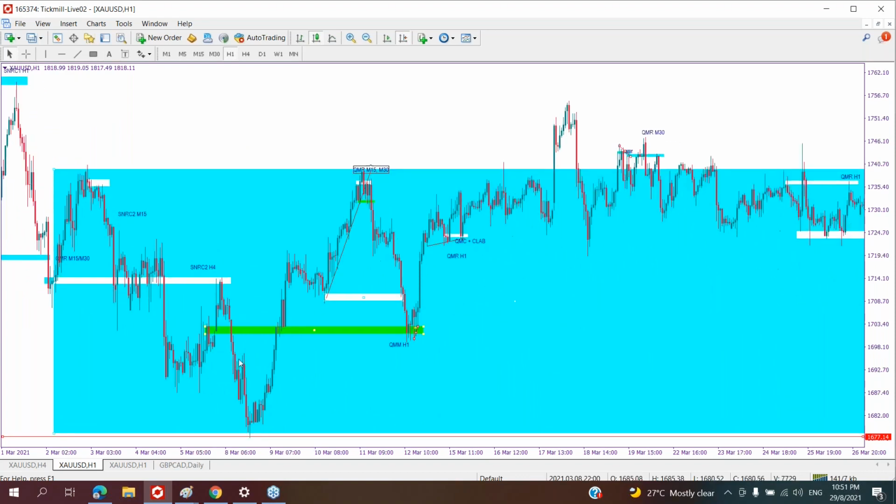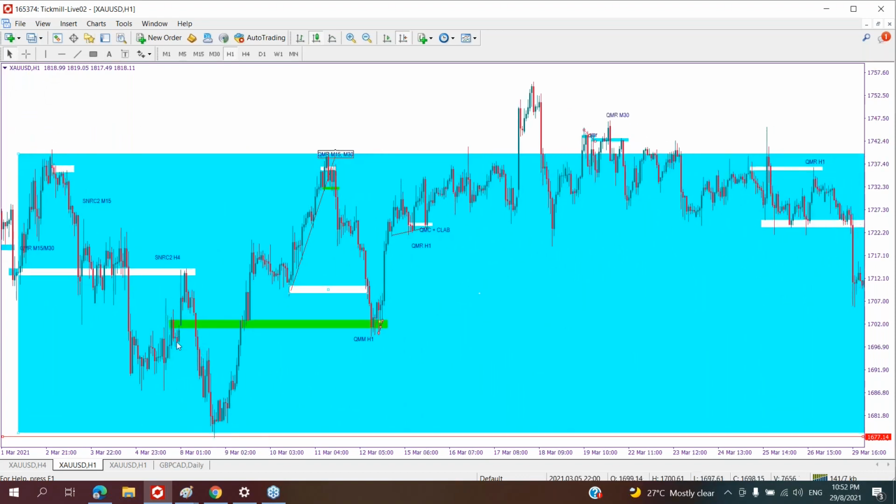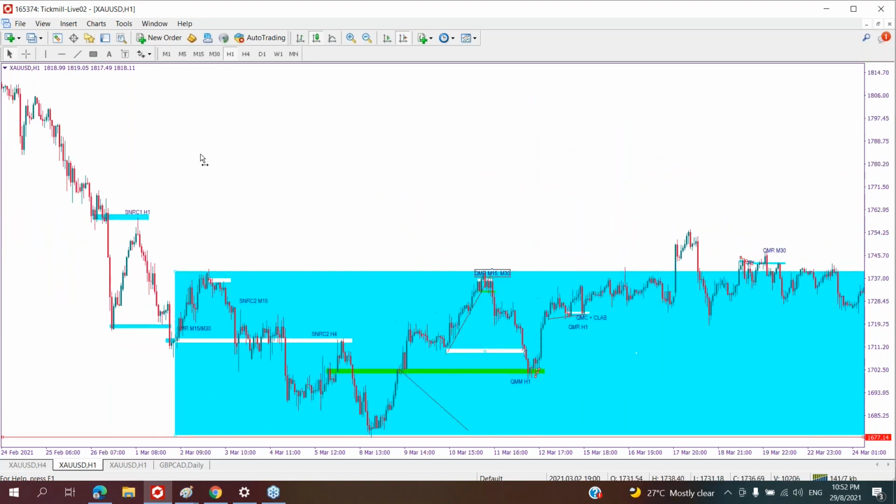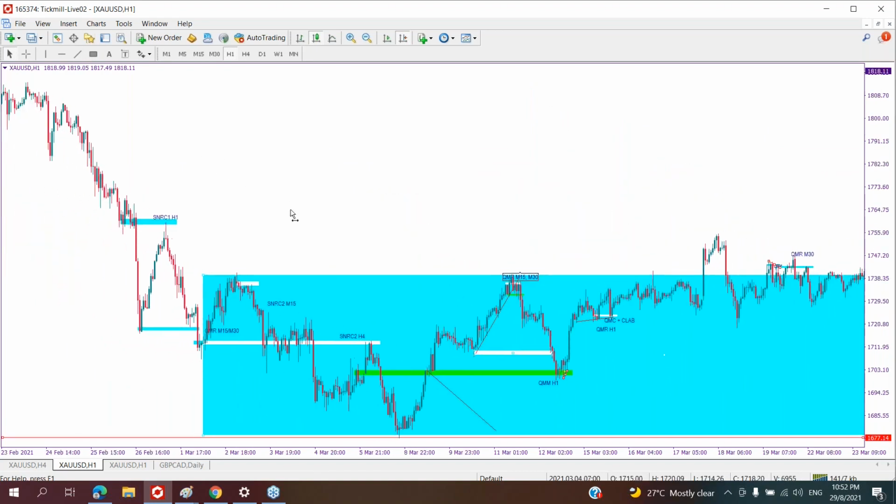Okay, like this. You see QMR in here. We have high, low, higher high, lower low. So we are going to expect that the price will go down. But you have to look to the left. Keep looking to the left. Actually, where the price came from, what location.